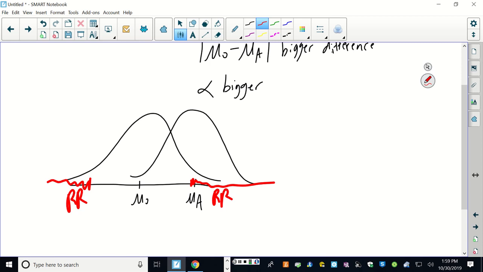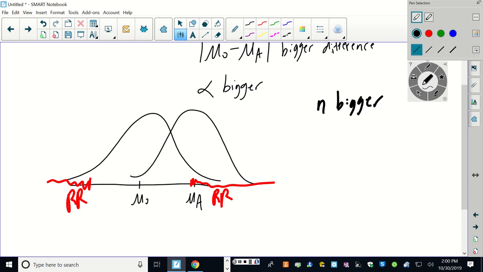The rejection regions don't change unless you change alpha or n. But for that given thing, if this curve moves out here, well, let's try to draw that. So let's say if n gets bigger, let's draw that curve first, because that's kind of the number one way, I suppose. If it gets bigger, what happens?